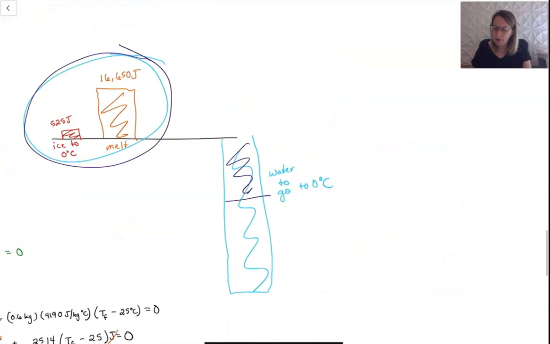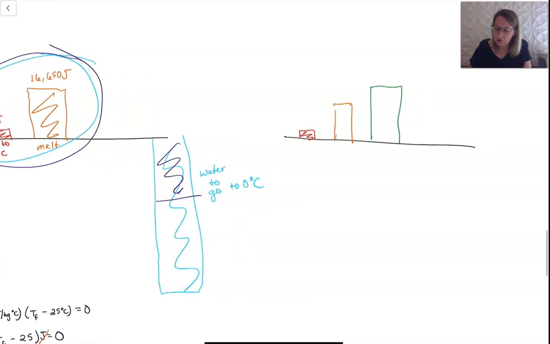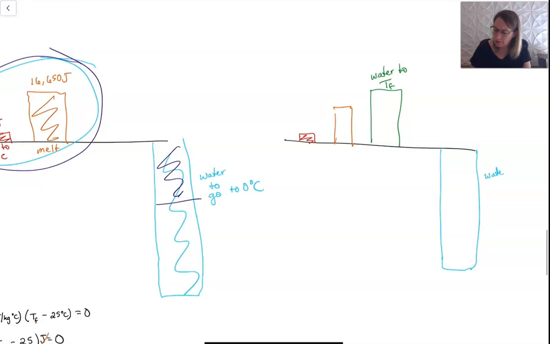So what our real drawing is going to look like is this small amount, this bigger amount. And then what we've got to do is balance the extra here so that this is water to final temperature, so that these three together equal this water to our final temperature.